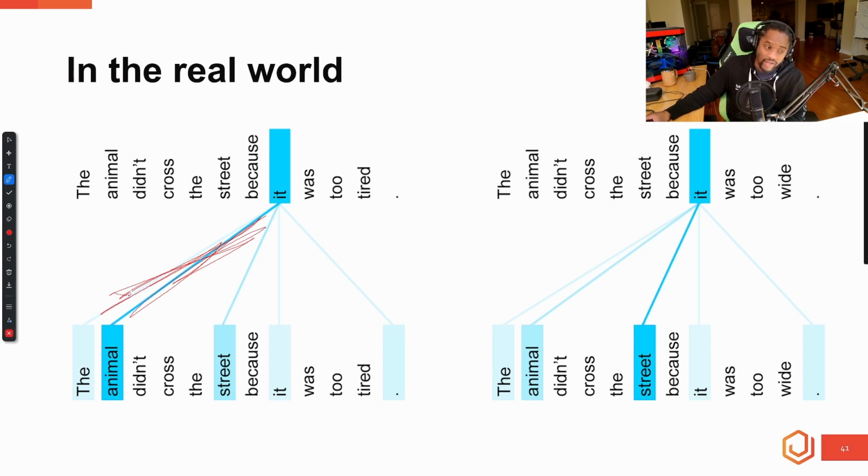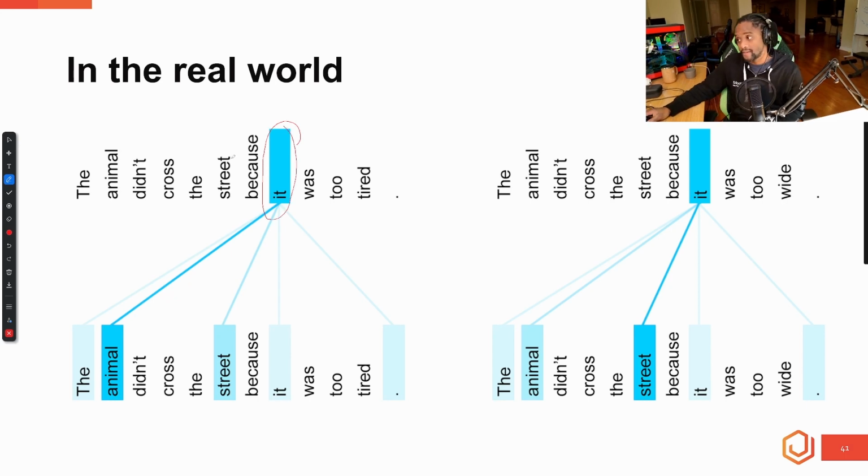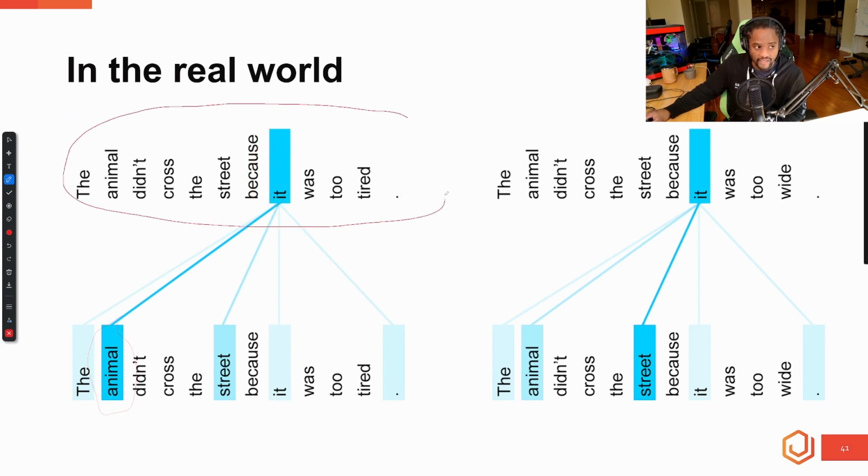Once the model is trained, you should have weights such that it will pay attention to animal more in terms of the embeddings for it. That means if you were to create a word embedding for it, in the context of this sentence, it should be similar to the word embedding for animal in the context of this sentence.